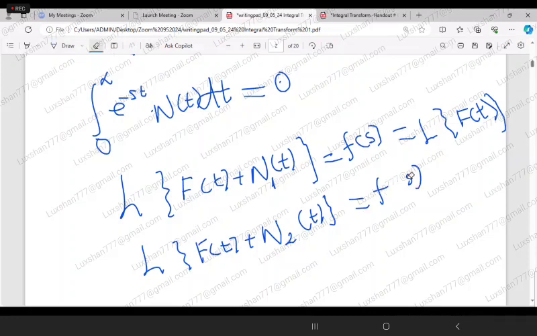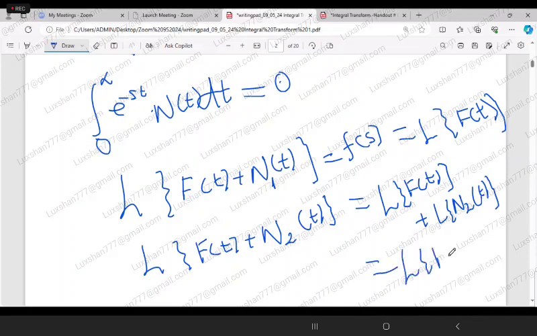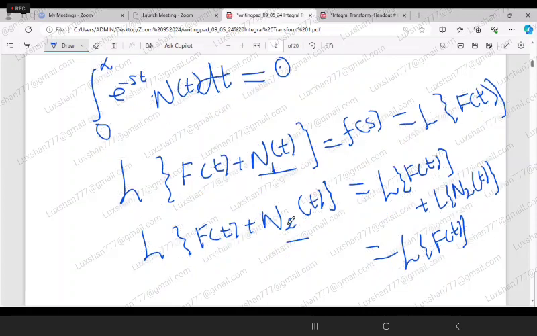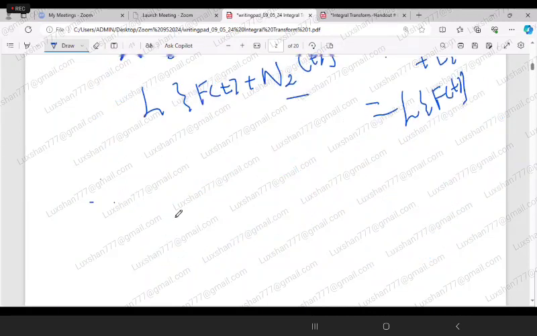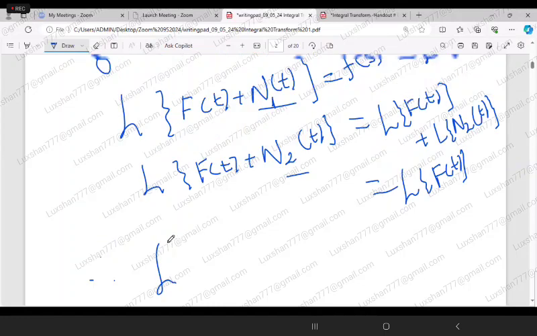Because using the linearity property, you can say that Laplace of f(t) plus Laplace of n2(t). But this is 0 now. Therefore, this is same as Laplace of f(t). Therefore, if you add a null function, we can say that the inverse Laplace of F(s) is not unique.